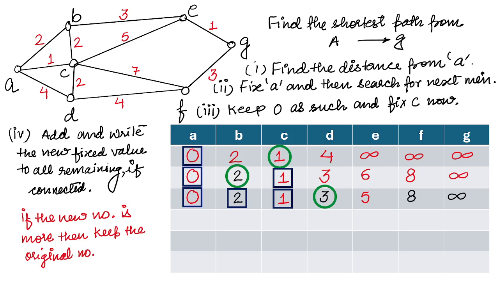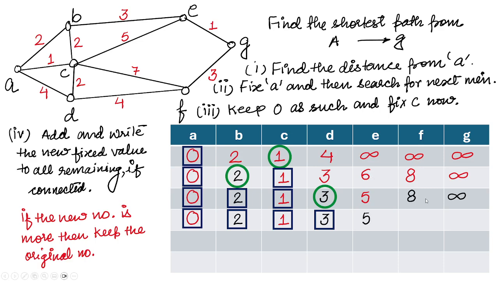And what we have to do? We have to keep all the elements which are fixed already as such. Okay, then we'll be bringing that 3 down and then fixing it. Once this has been fixed, then we'll be measuring the distances of vertices E, F and G from D. This is E, this is D, they are not at all adjacent, and hence we'll be bringing this 5 as such.